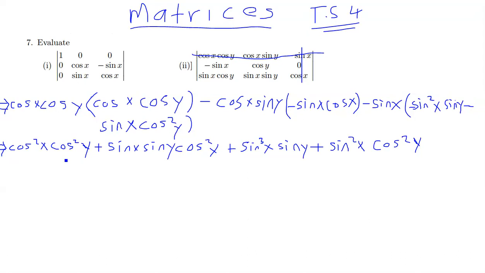So here we can start manipulating our calculations to see what we can get. From this expression here, I can simplify this: while there is sine squared x, I'll put 1 minus cos squared x.